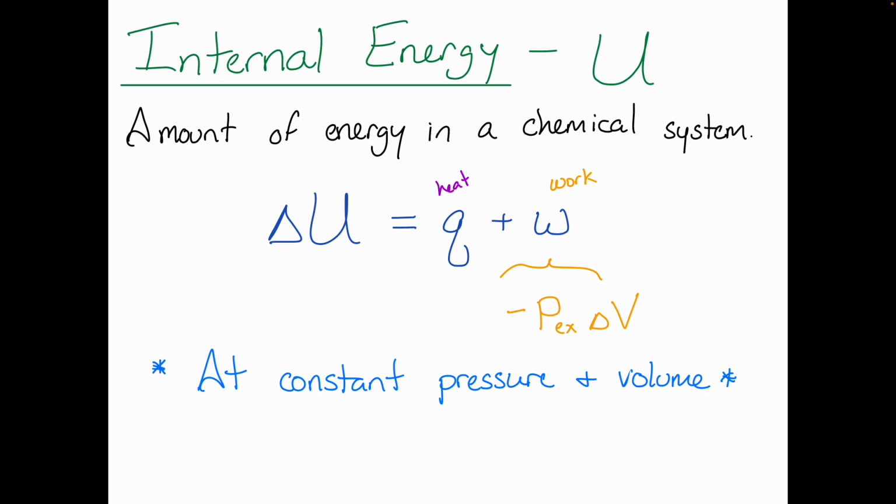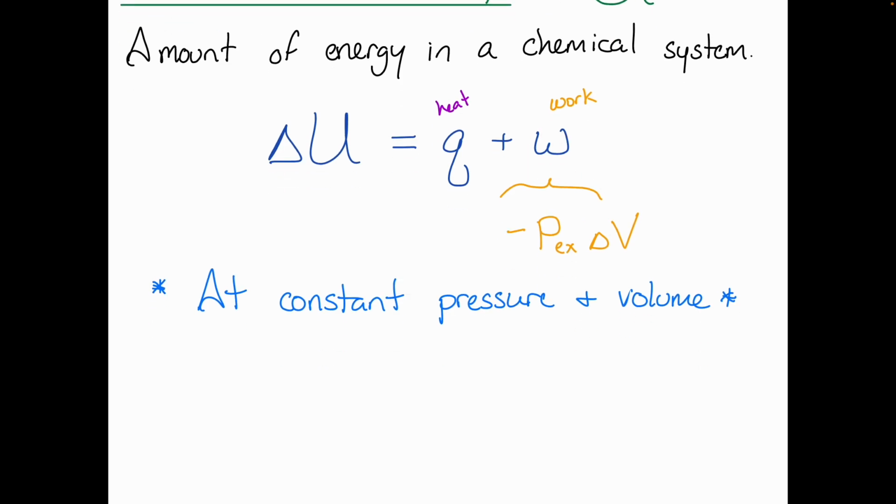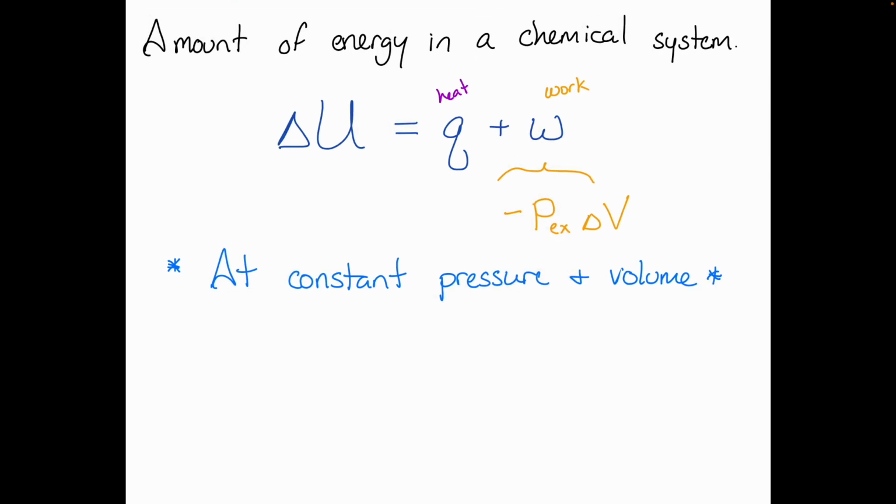Delta U equals Q plus W. If delta V is 0 because we're at a constant volume, how can we simplify this? It's just Q. If there's no change in volume, then work is 0, so this drops out. And so at constant pressure and volume, the only way to change the internal energy of that system is by adding or removing heat.